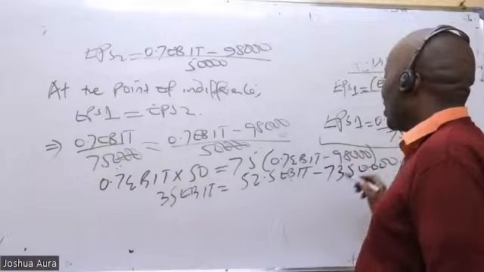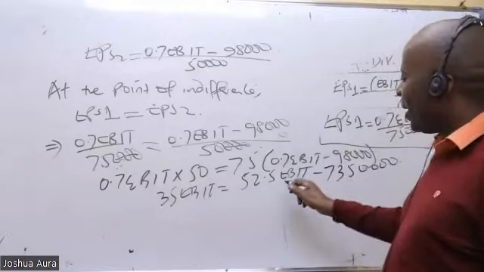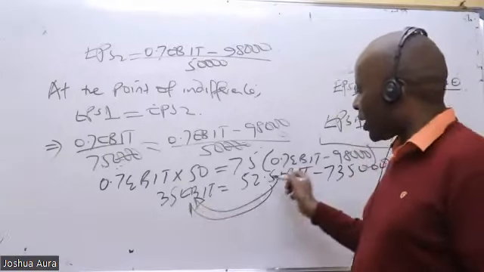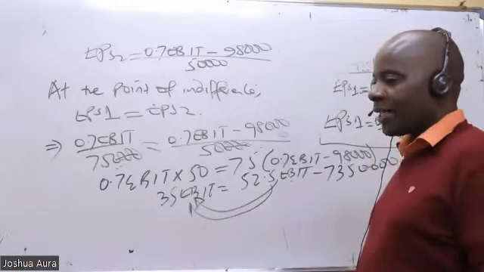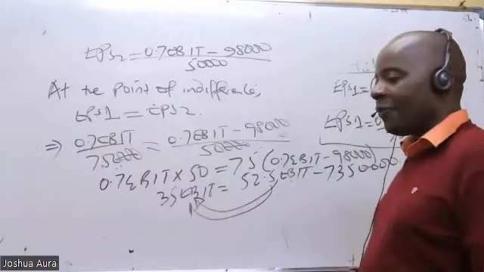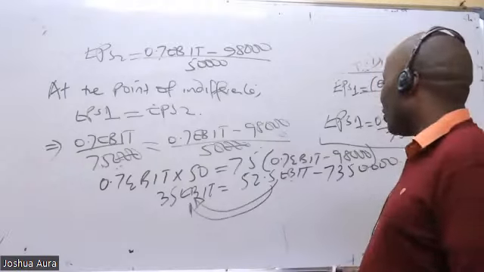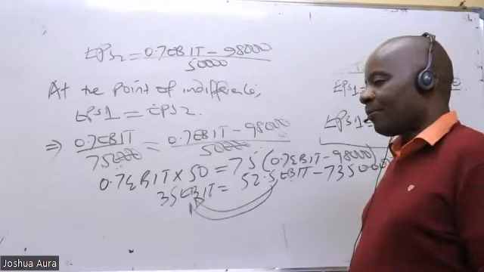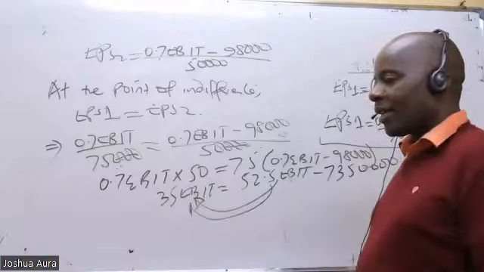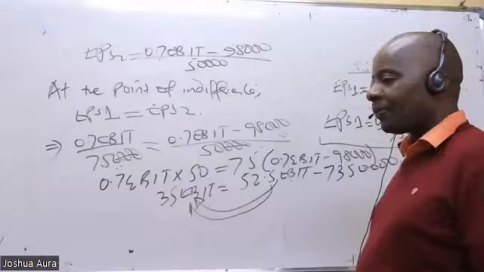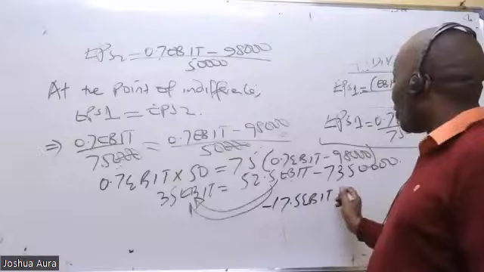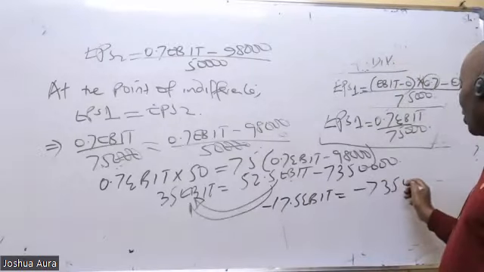Now from there, ladies and gentlemen, please come and take this here. On their side, it will be negative, isn't it? So it will be 35 minus 52.5, which will give us what figure? So minus 17.5 EBIT should be equal to minus 73,50,000.